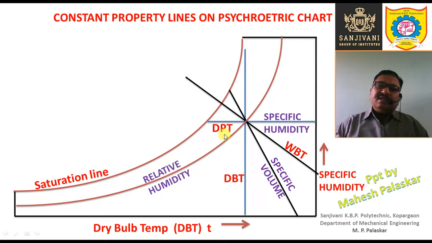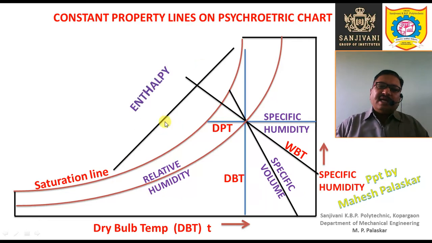Now this curve is the constant relative humidity curve. The relative humidity is constant along this curve. So this is the saturation curve, along which the relative humidity is constant and equal to 100%. But along this curve, the relative humidity is constant but less than 100%. So this was the psychrometric chart, and here enthalpy is also shown.